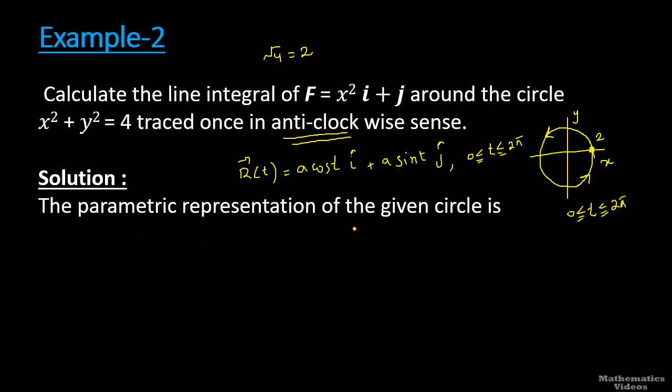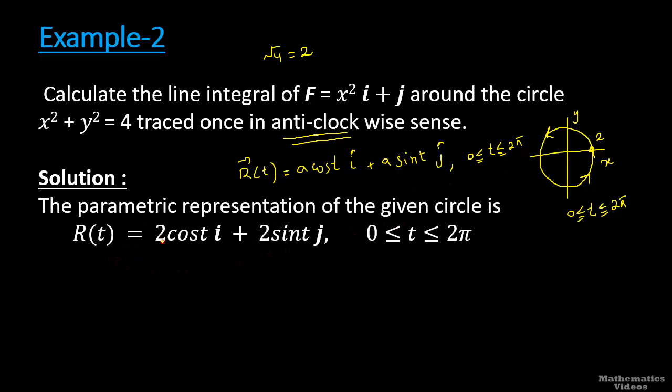So the parametric representation of the given circle is r of t equal to 2 times, here 2 is the radius, cos t i unit vector plus 2 times sin t j unit vector, and t varies from 0 to 2 pi.